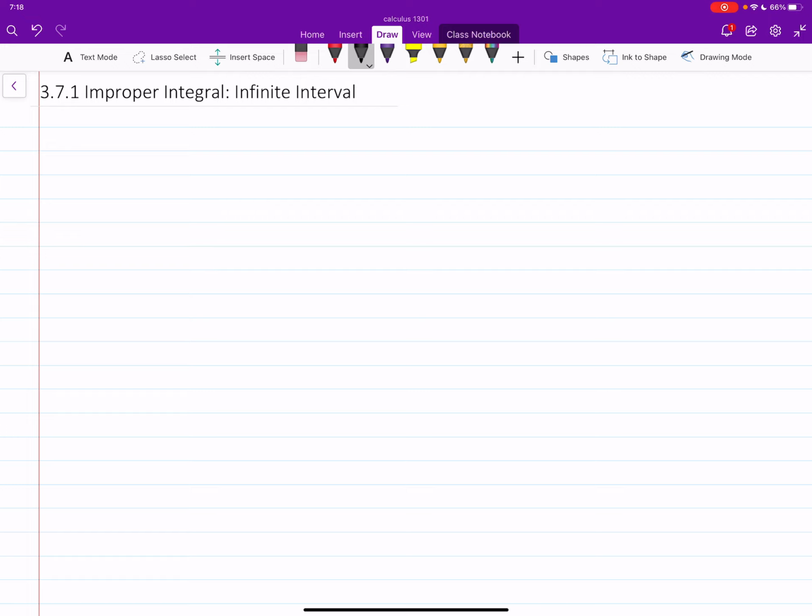Okay, to start with, let me recall two important facts when we work with definite integrals. When you have a definite integral, remember always the limits, the bounds, are numbers. Any constant, any real number we put there.